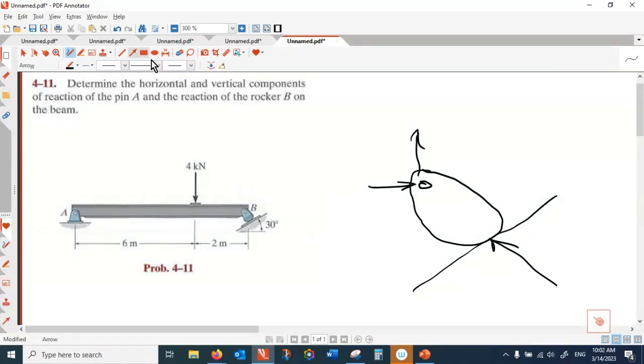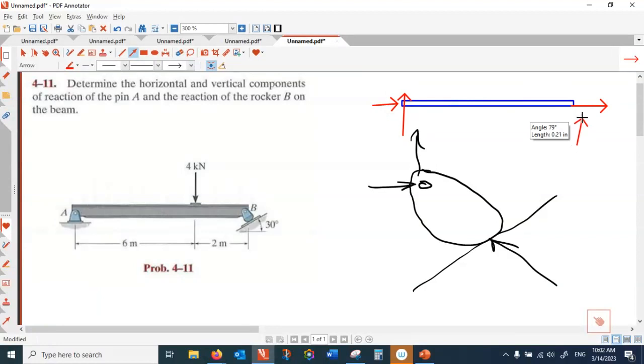Because if I start at AB, A is pin, it requires two reactions, and B also is a pin that requires two reactions. So how many unknowns are here? 4. How many conditions? 3. So that is not solvable.